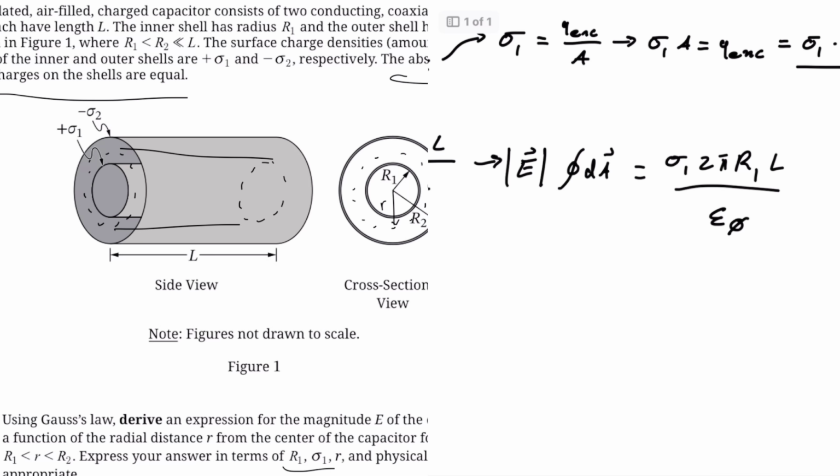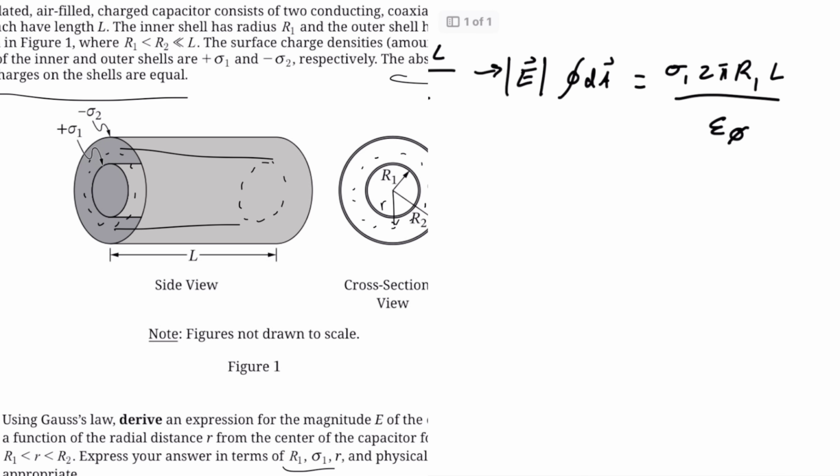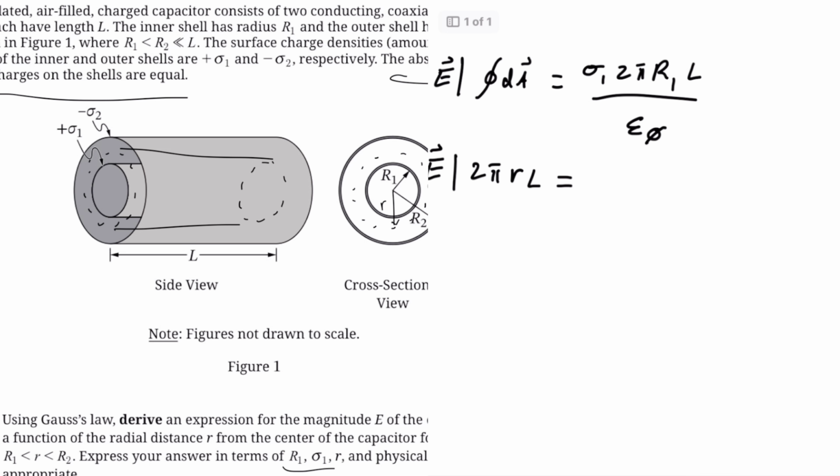And now this integral, dA, is the surface area of the Gaussian cylinder. So let's go ahead and write that. The surface area of the Gaussian cylinder is 2 pi little r L, because the Gaussian cylinder is not at R1 or R2. No, it's at r. That's where we're visualizing. That's where we want the electric field. That's why we put the Gaussian cylinder there. So now you can probably see there's a couple things that cancel.